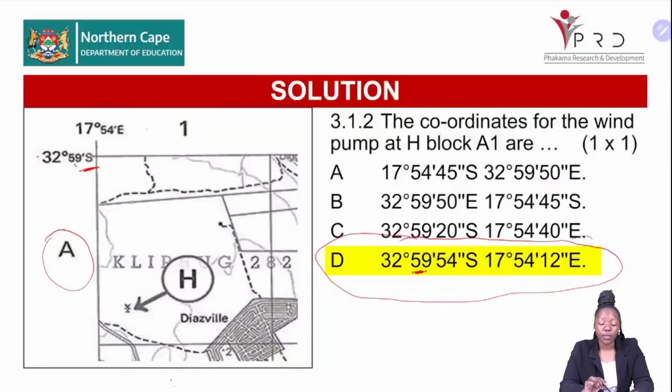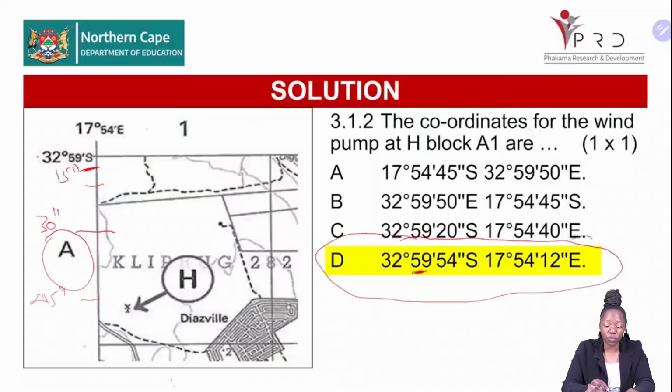Remember again, as you reach that block where the picture is, you need to divide your block again. You have 30 seconds, and then you need to further divide, whereby you now have 15 seconds, 30, and then further divide, you now have your 45 seconds, and at the end of the block you have your 60 seconds.